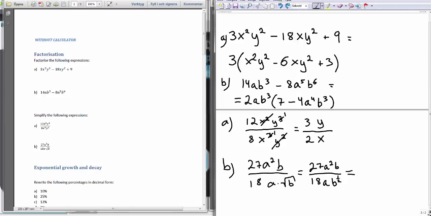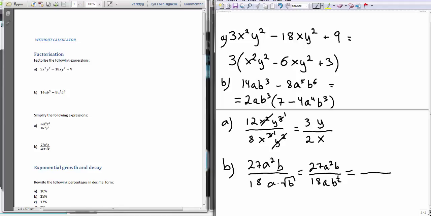So let's start with the numbers first, okay? So 27 over 18, well, we can write 27 as 9 times 3 and 18 as 9 times 2.